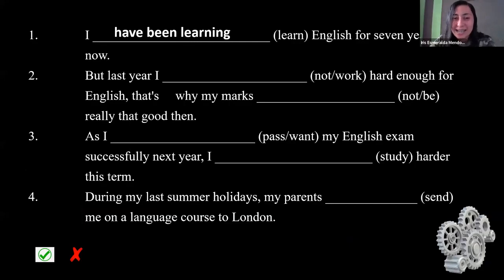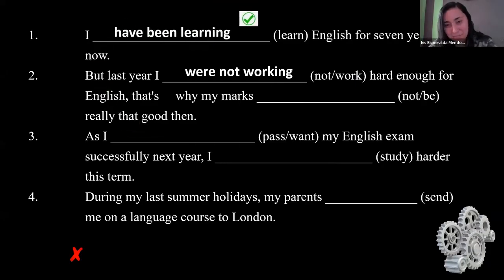If they say the answer, I can go ahead and type the one they say, or I can select a good answer or a wrong answer. And then I can confirm which of the ones I just showed is correct and which is incorrect. In this case, the second one is not correct because it should be I was not working instead of I were not working.